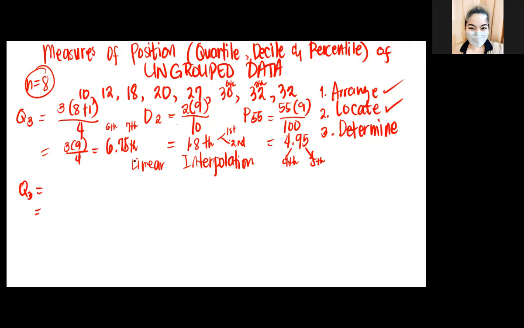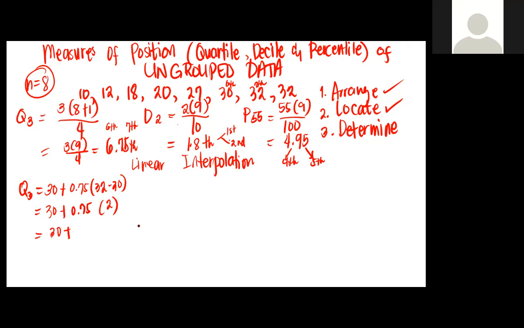We have 30 plus 0.75 times 32 minus 30. So that's 30 plus 0.75 times 2. That is 1.5, correct? So our Q sub 3 is 31.5.